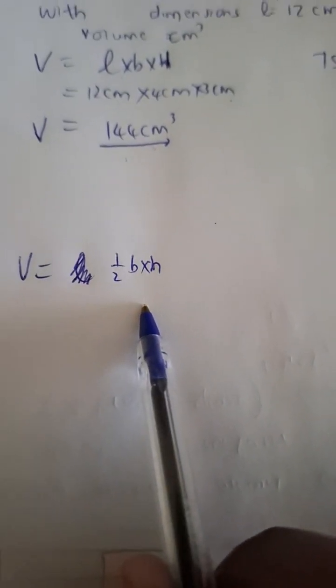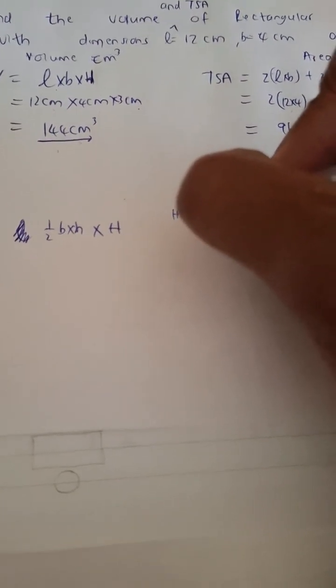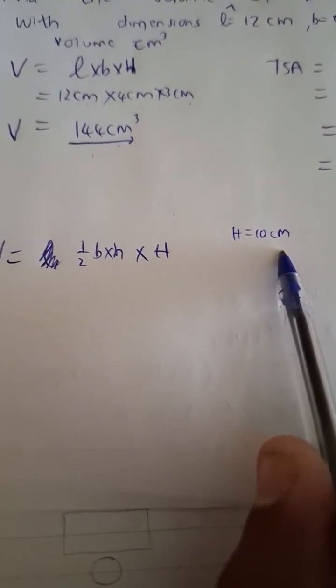Obviously, for volume, we are going to take the area of the triangle, and then we multiply that with the height. The height of the entire triangular prism we have is 10 centimeters.